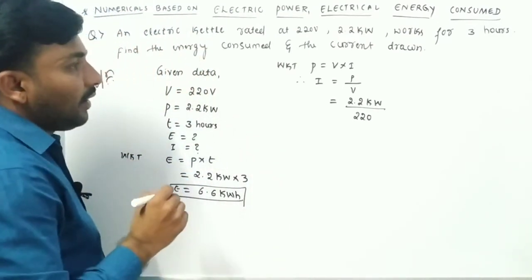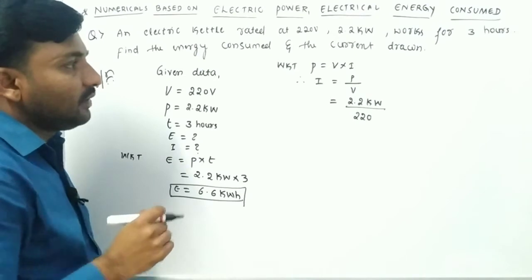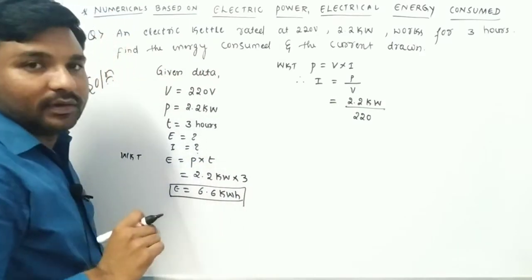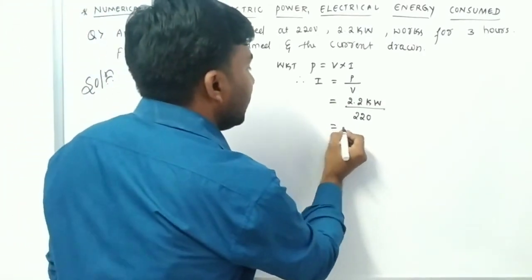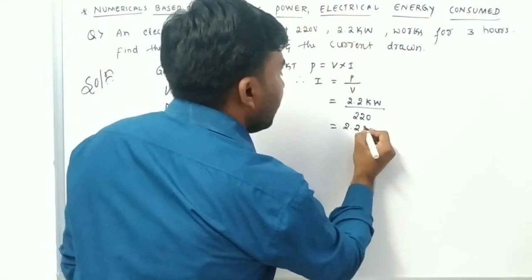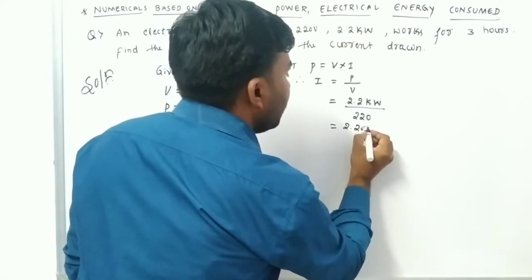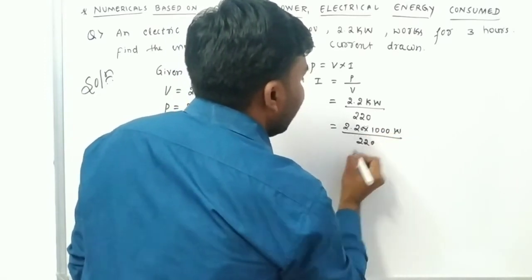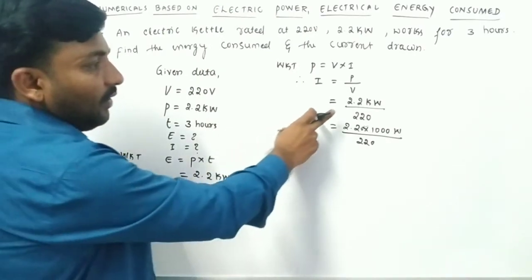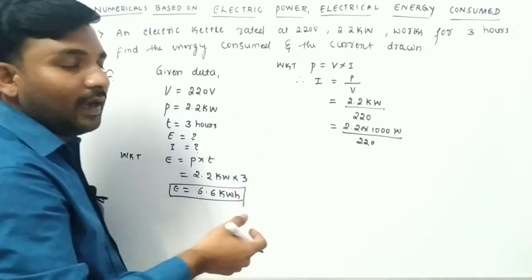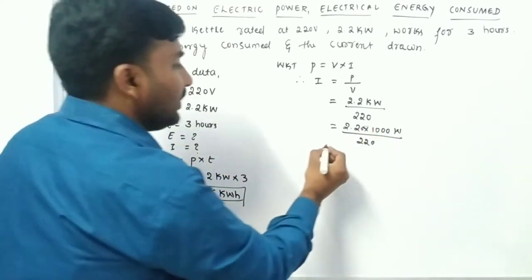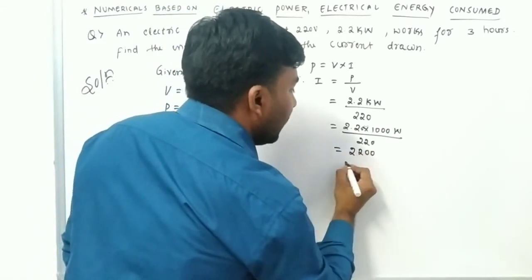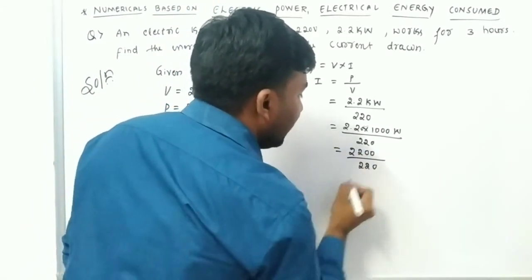Now as we are calculating the electric current, this power value of 2.2 kilowatt has to be converted into watt. This is equal to 2.2 into 1000 watt divided by 220. In order to convert kilowatt to watt, I have to multiply with 1000. Multiplying these two numbers, you will get 2200 divided by 220.